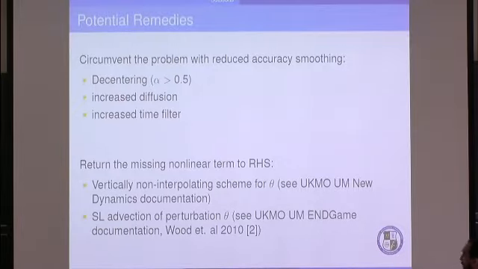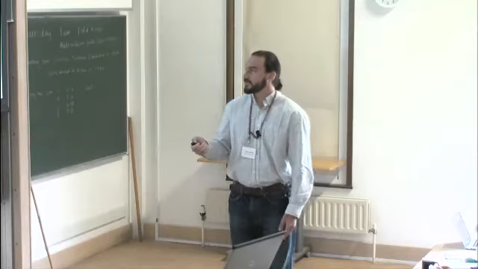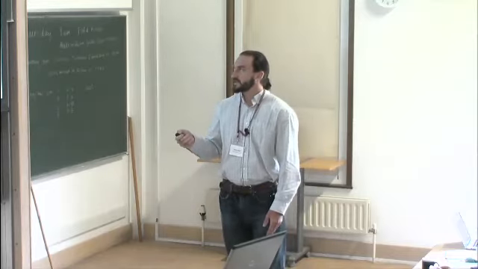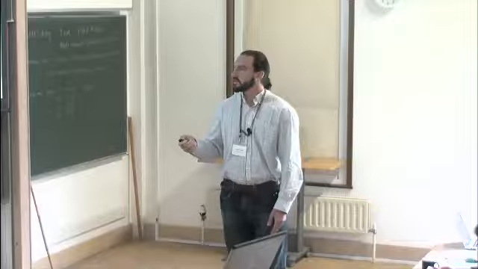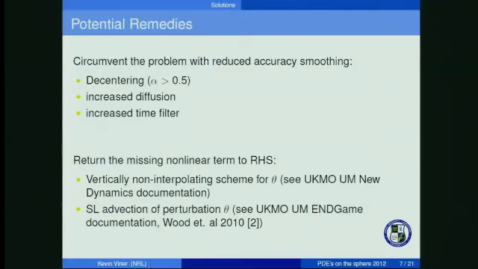Or you can return that missing nonlinear term to the right-hand side. You choose to treat it as a fast mode rather than a slow one. Some ways have been suggested for doing this. There's a vertically non-interpolating scheme for theta, which is in the UM's new dynamics documentation. And then you could also do semi-Lagrangian advection of a perturbation theta, which is in ENDGame.